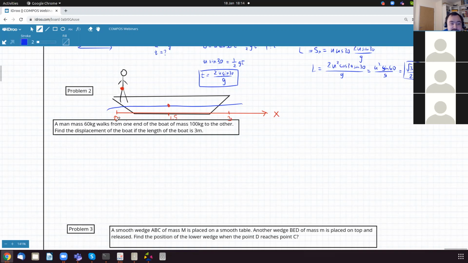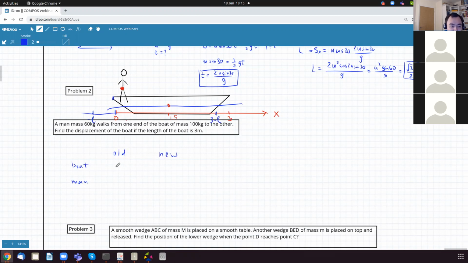So if the boat shifts by L meters, the new position of the boat would be minus L, and the new position of the man would be 3 minus L. So boat, man, old and new position.